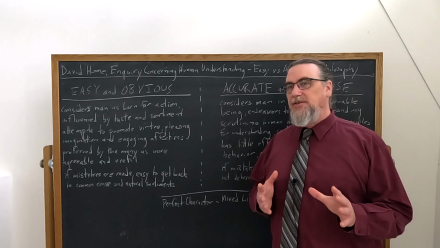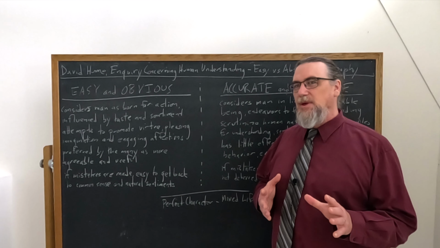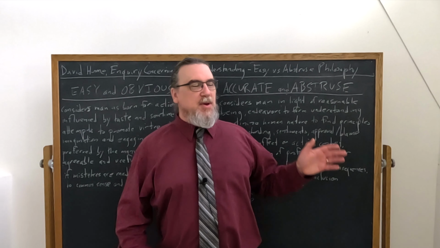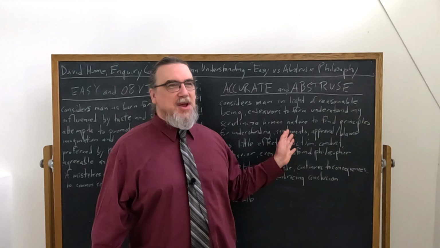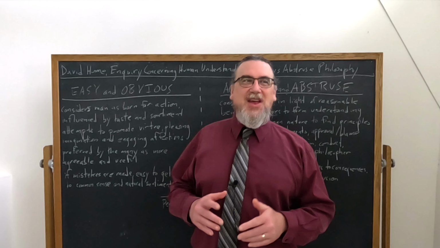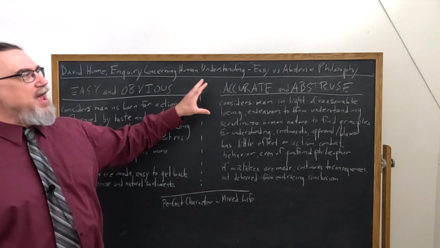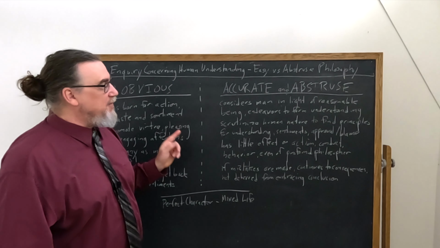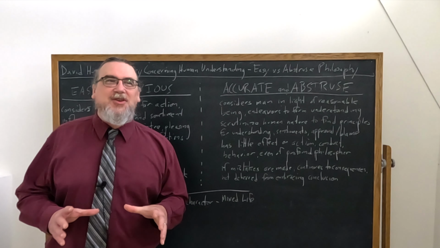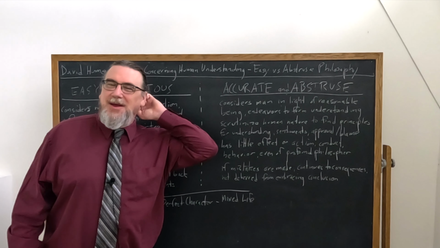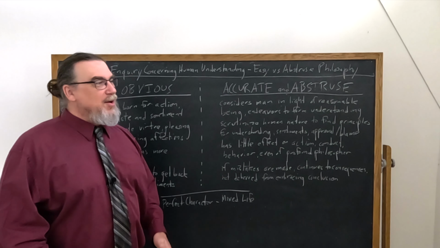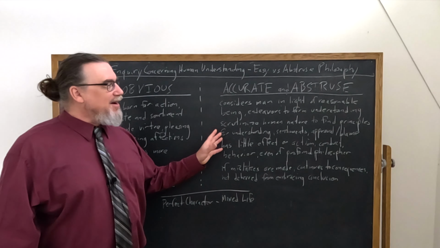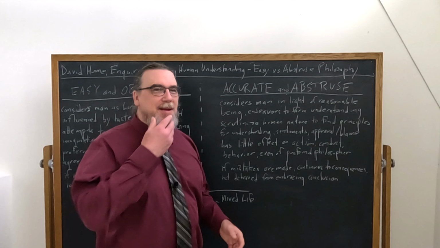Now, what's really interesting about this is that Hume isn't saying, well, you got two kinds of people. People of passion, people of reflection or intellect. He's actually saying the philosopher who engages in accurate and abstruse philosophy, which includes David Hume himself, when they step outside of their study into his proverbial billiards room or out of the shade into the sun, then all of this kind of goes away.